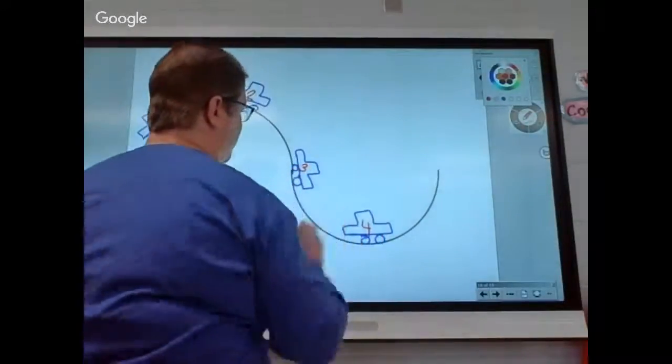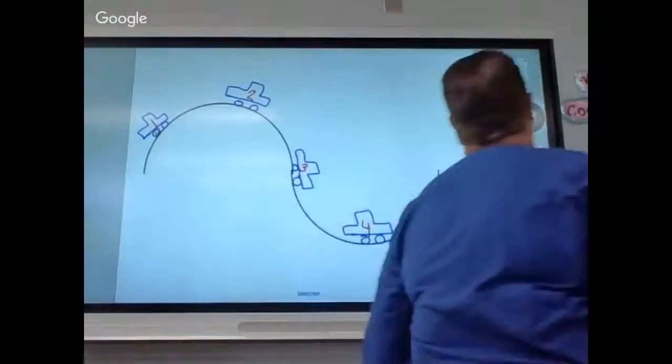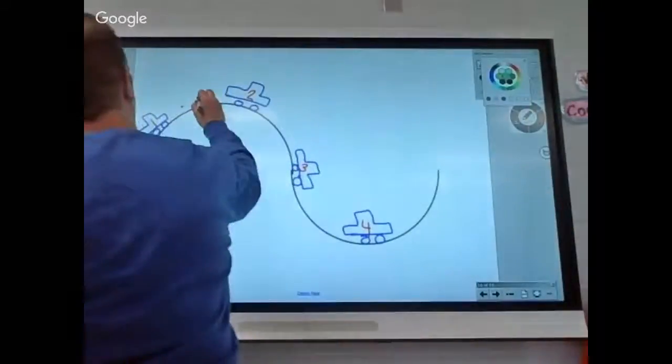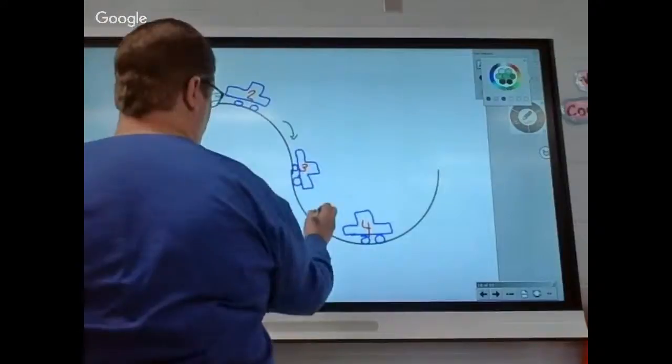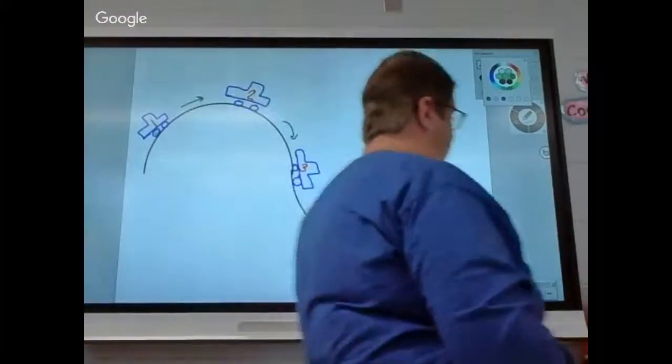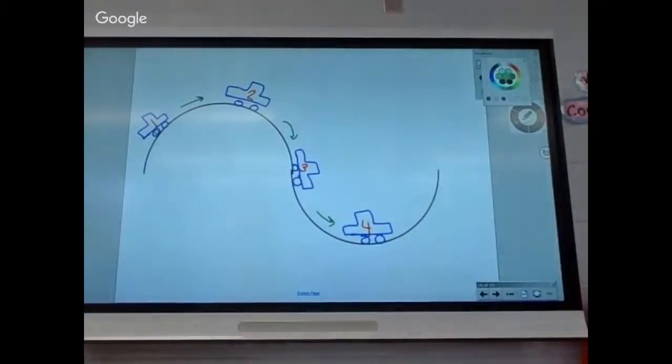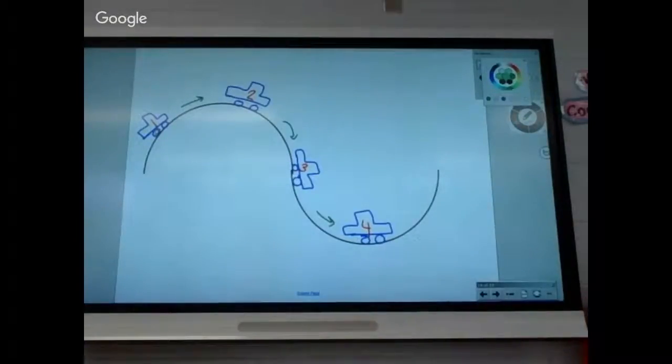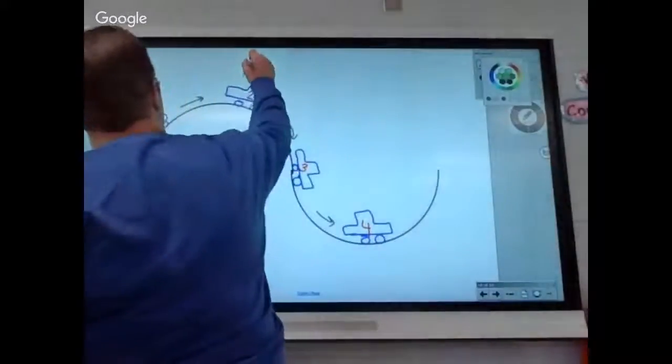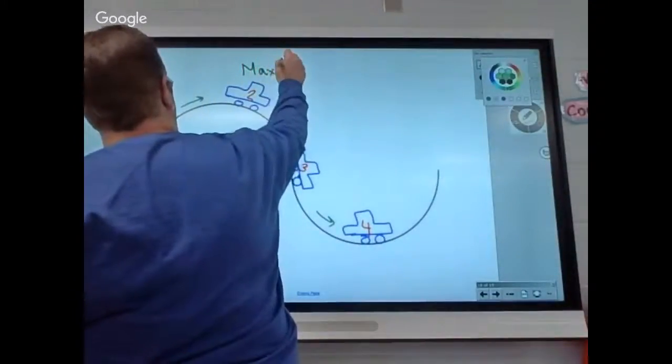All right, so we got 4 cars. And the roller coasters are going that way. So tell me this, where would my max PE be? Yeah, it says 2. Why is 2 going to have the max PE? Highest.